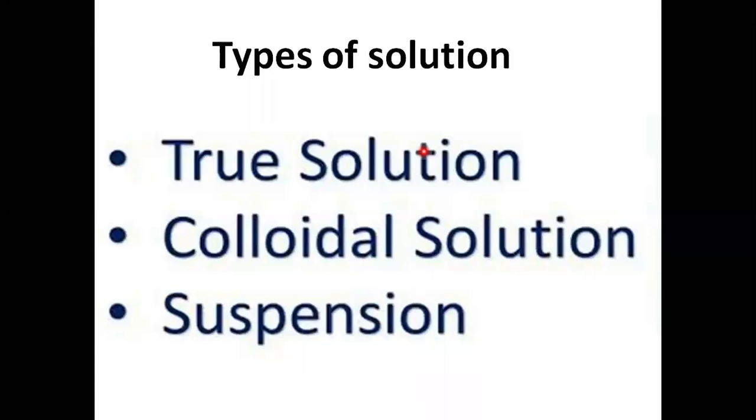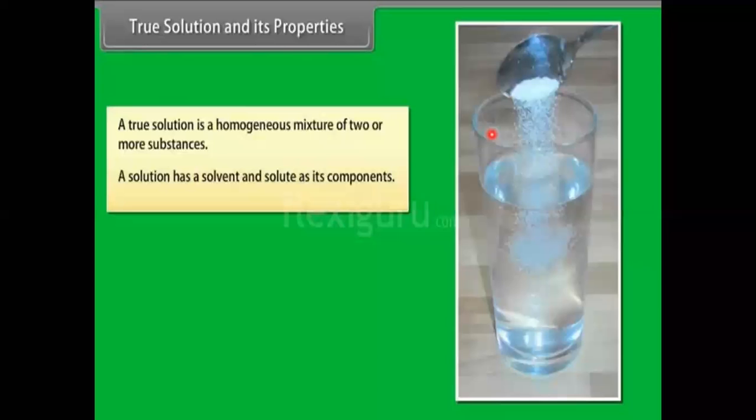The first one is true solution. A true solution is a mixture of two or more substances, but the solute can't be seen even with a microscope. The particles are smaller than 1 nanometer.